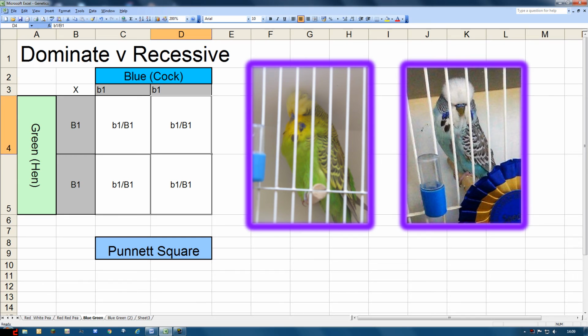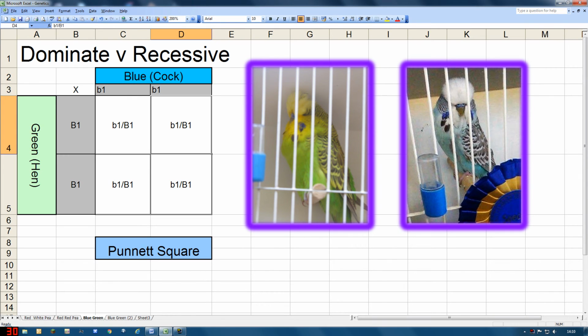All 4 outcomes are exactly the same as we saw in the previous one with the red and white P crossing. So all the outcomes will be heterozygous with 1 of the mutated recessive blue alleles and 1 with the dominant green allele, which means that it will be 100% green birds. All the green birds, however, will be phenotype green, but genotype will be green split for blue.